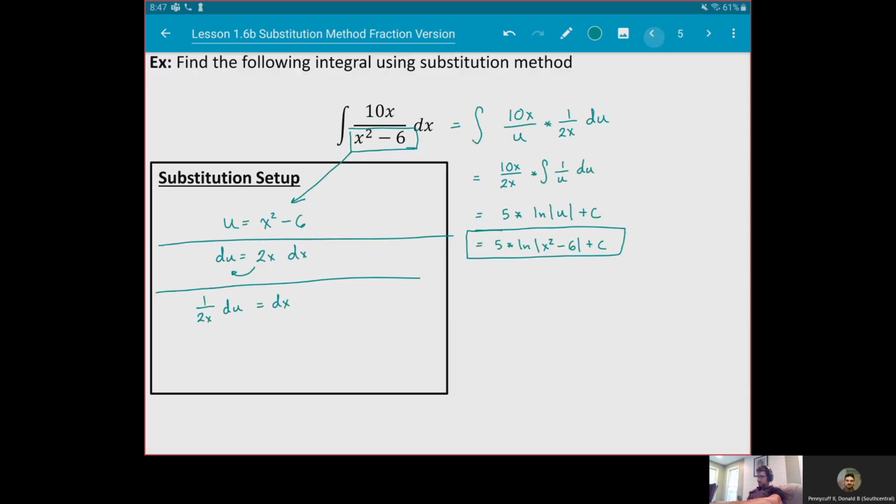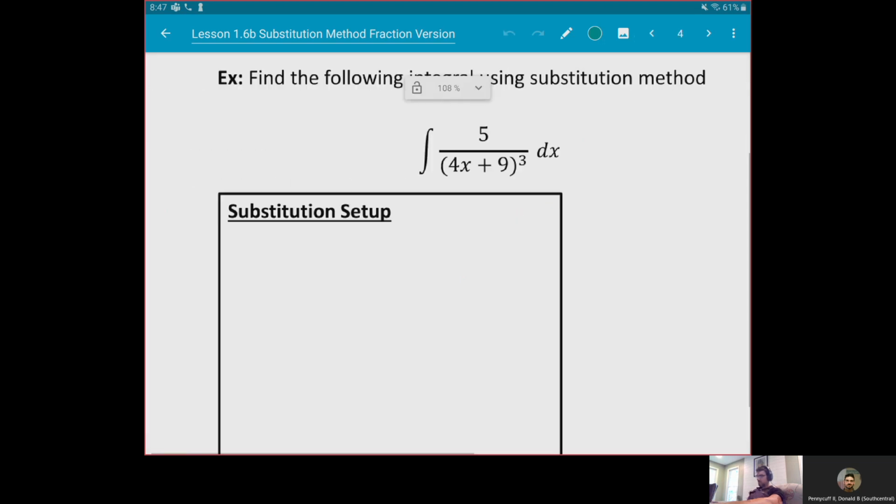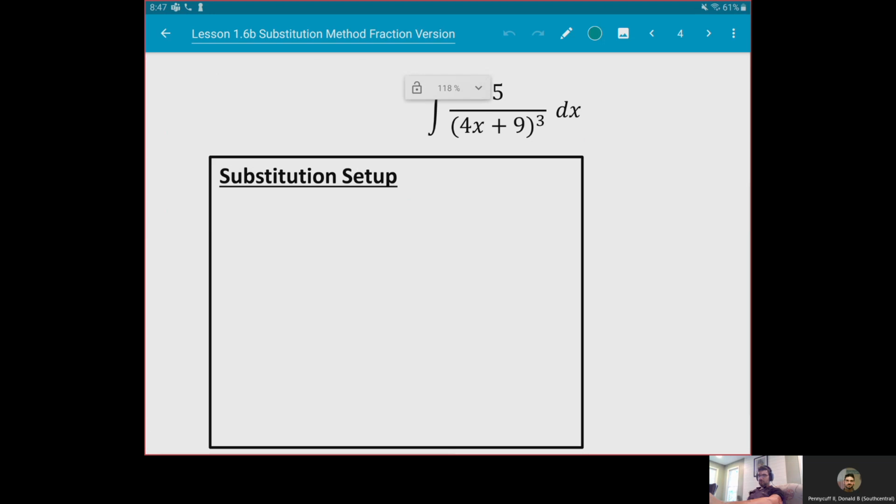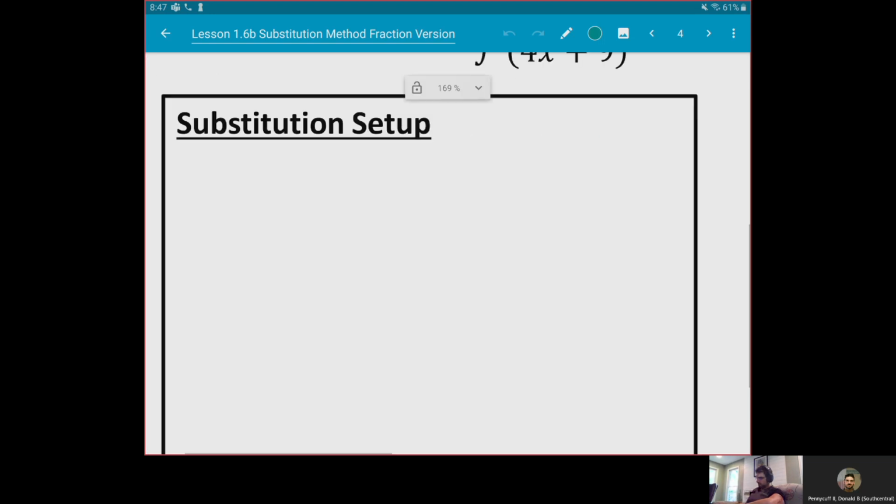All right, so let's go back to this one. This one is the exception. Parentheses overrule everything. So let's write this down.